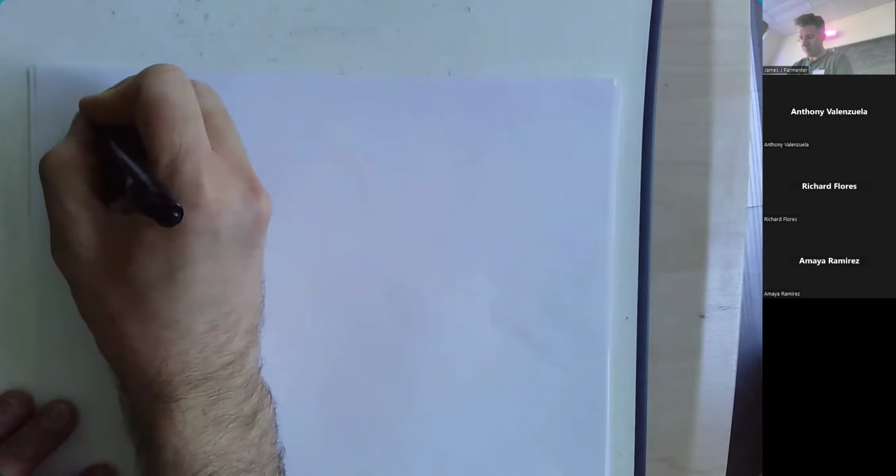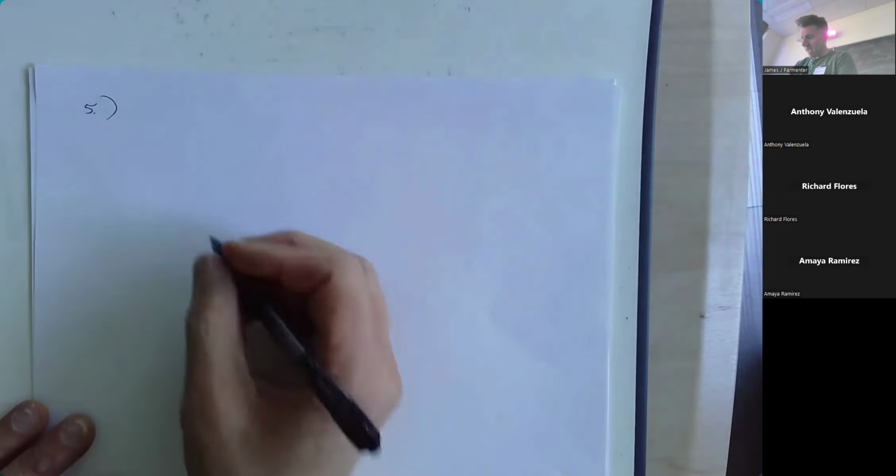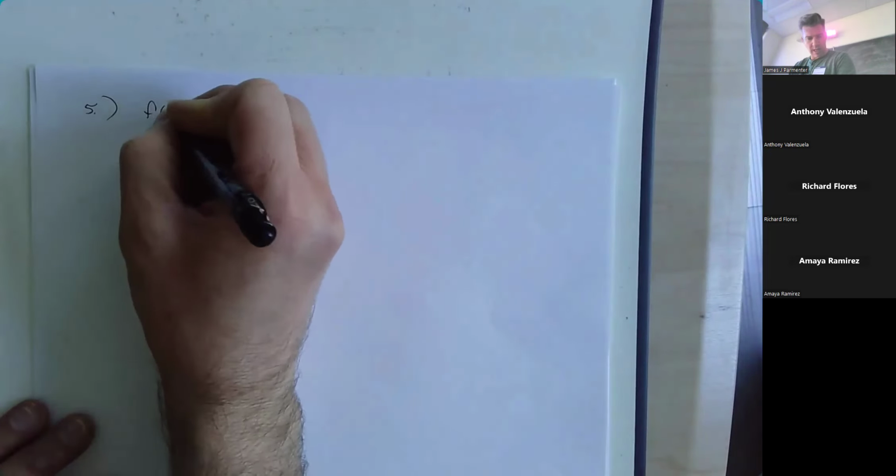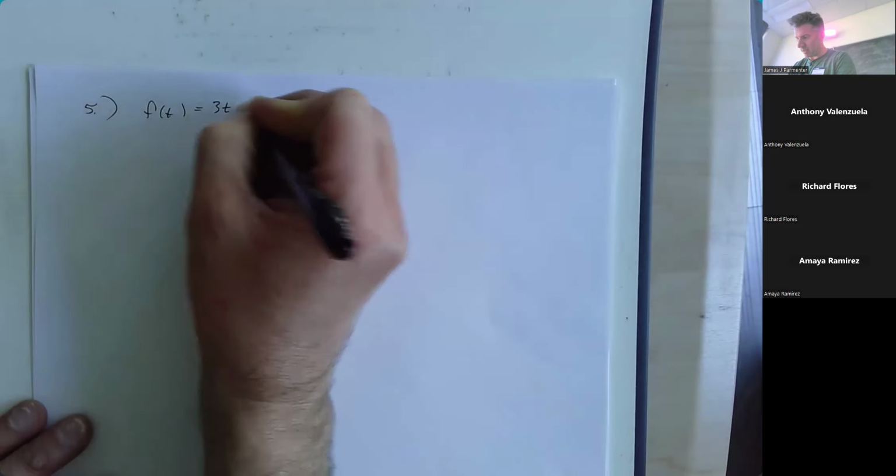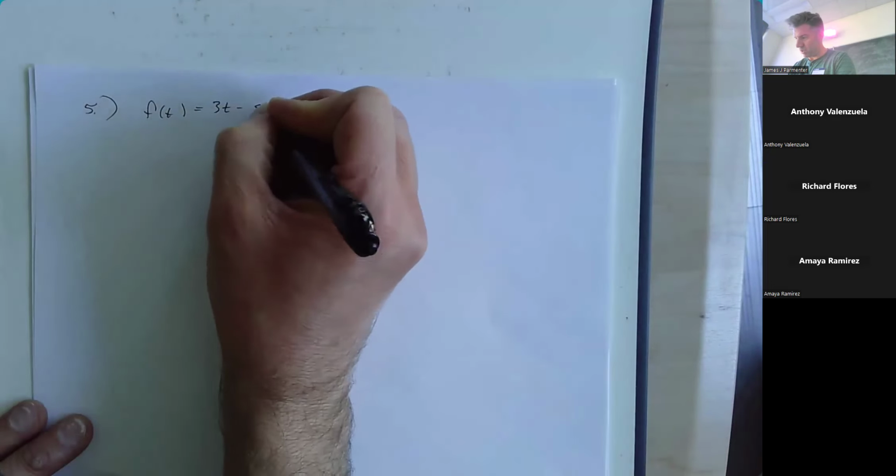All right, so the last question here, question 5, says: let f of t equal 3t minus sine of 2t.